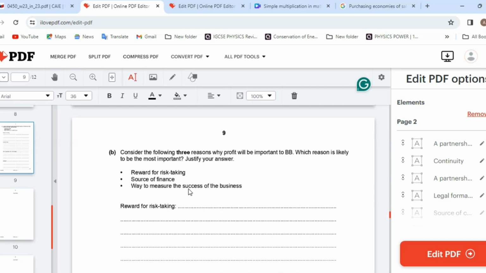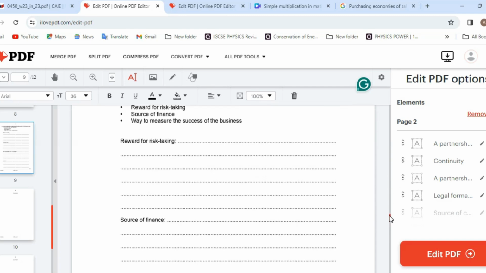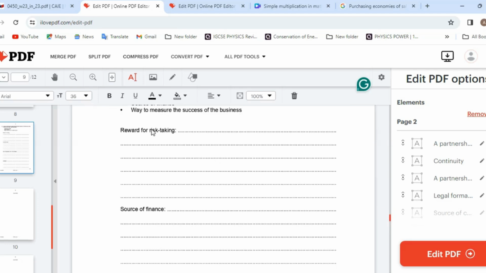Of course, as a reward for risk taking, profit will provide an incentive to Benji. Yes, reward for risk taking, let's write it as the text.